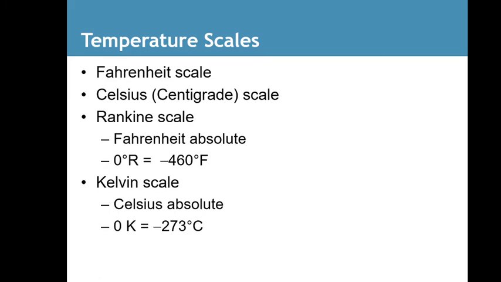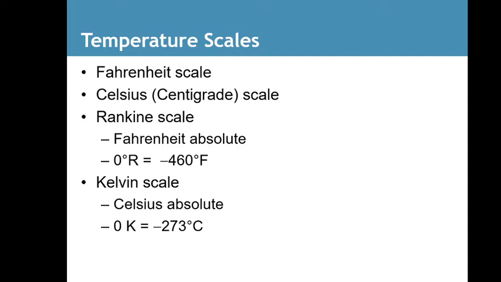Temperature scales. Fahrenheit scale, Celsius scale, Rankine scale, Kelvin scale. These other two scales you might not have heard of before, the Rankine scale and Kelvin scale. They take the actual temperature of absolute zero as their starting point.